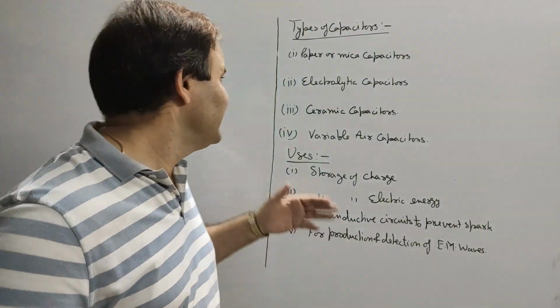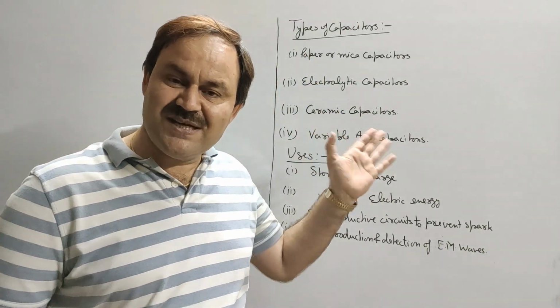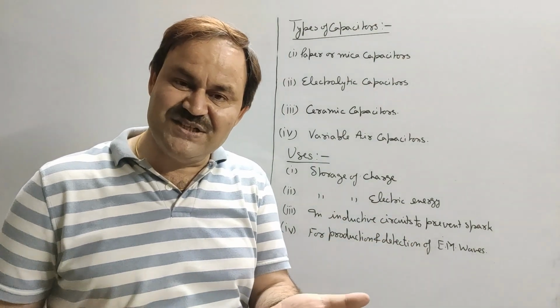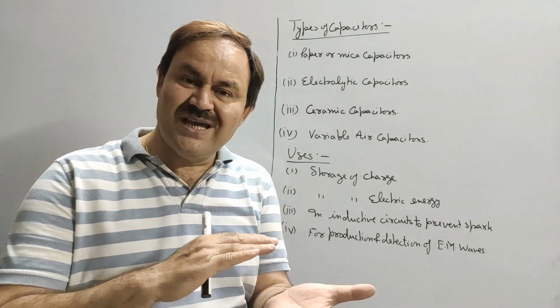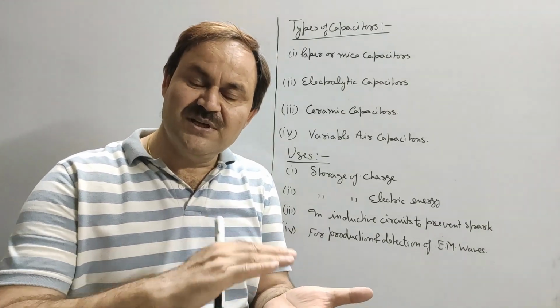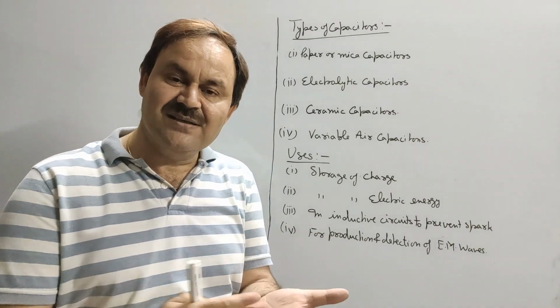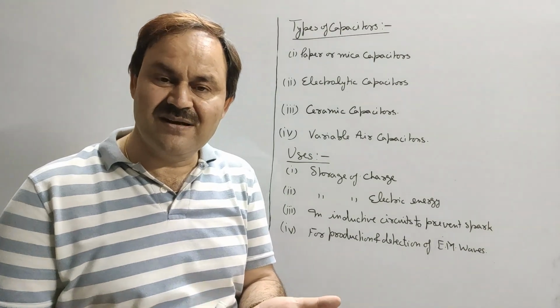Also, we may have mica or paper capacitors. In this type of capacitors, between two thin metal sheets, a sheet of mica or a sheet of waxed paper is used as the dielectric, and then they may be rolled to give a cylindrical shape.